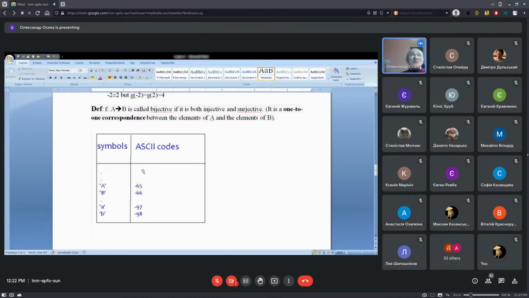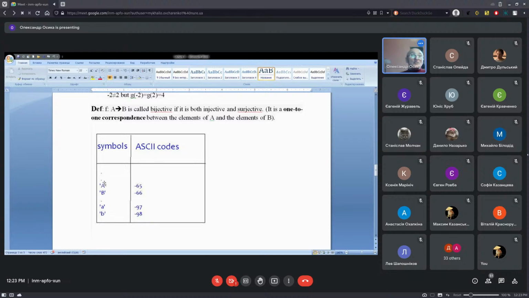What is an ASCII code? It is 1 byte, 8 binary positions. That's why 2 to the power 8 gives 256 possible codes. Hence, this table of symbols and their ASCII codes should contain 256 symbols, and there is exactly one code for each symbol.